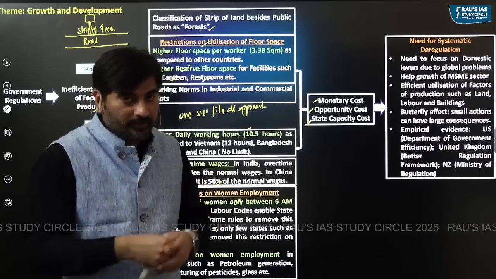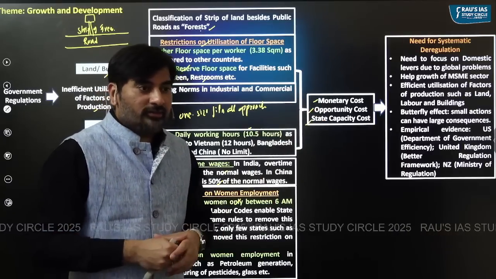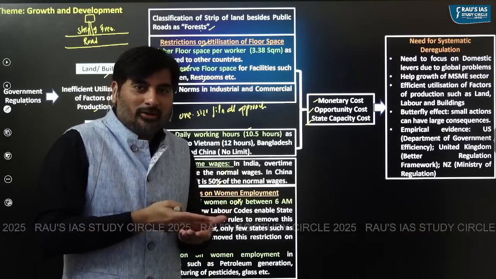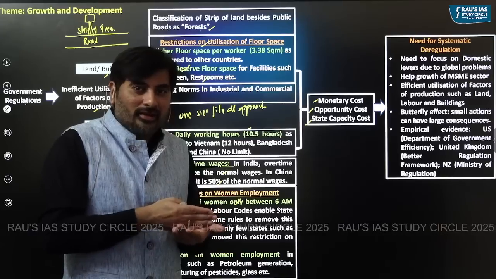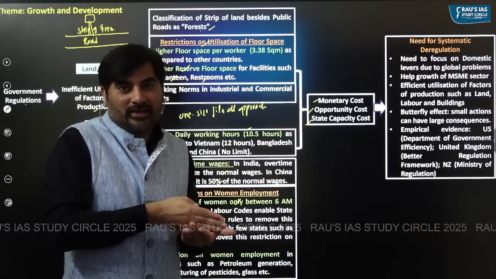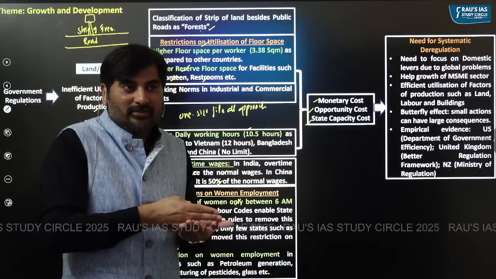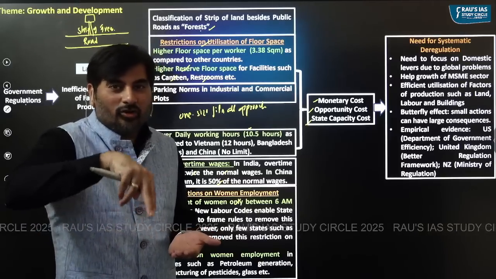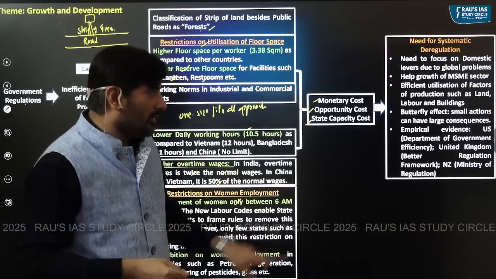That is a cost. Opportunity cost means entrepreneurs would have to spend a substantial amount of their time and efforts in following these rules and regulations, which means they have less time to focus on their own business or organization.